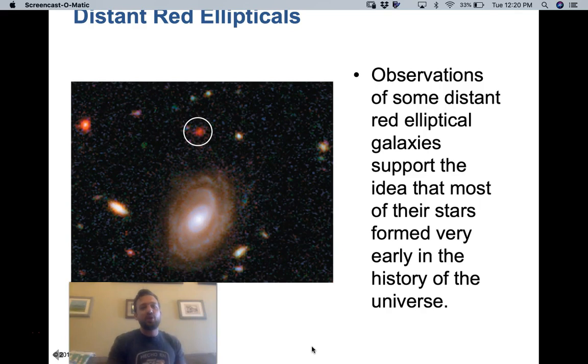Yeah, so the reason why they're red would kind of solidify or prove that thinking might be correct is because red would mean very, very old stars, right? There's smaller stars that live for much longer, and so maybe all the blue stars, the young stars, all died off very quickly, and there's no blue stars left anymore. Yeah, so that's what we think could have solidified that idea from what I was explaining on the last slide.